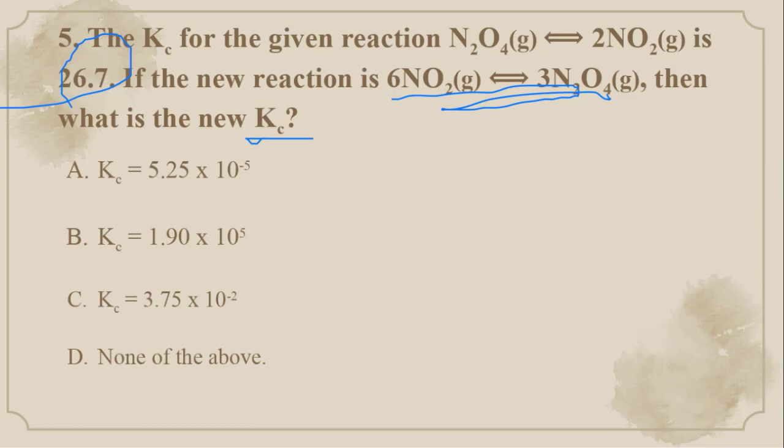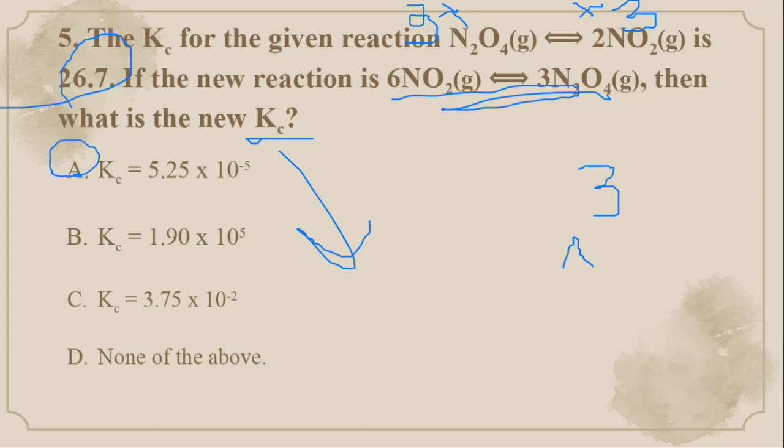So you're doing times 3 for the coefficients, and then you're flipping it. So what does that do to the Kc? We know coefficients equal exponents, right? The answer is A, yeah.